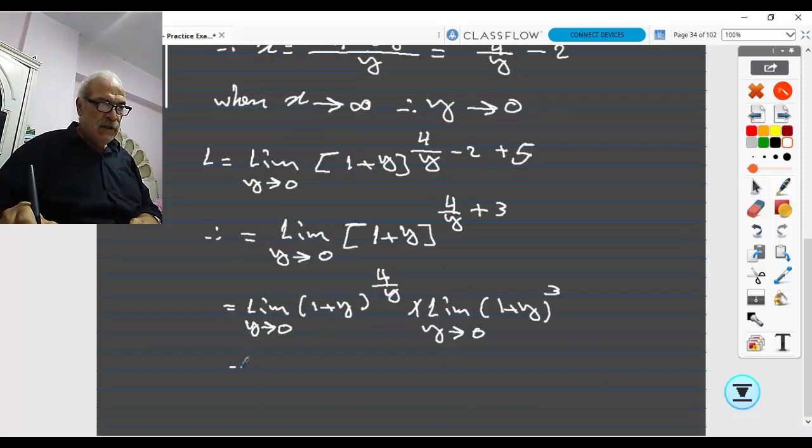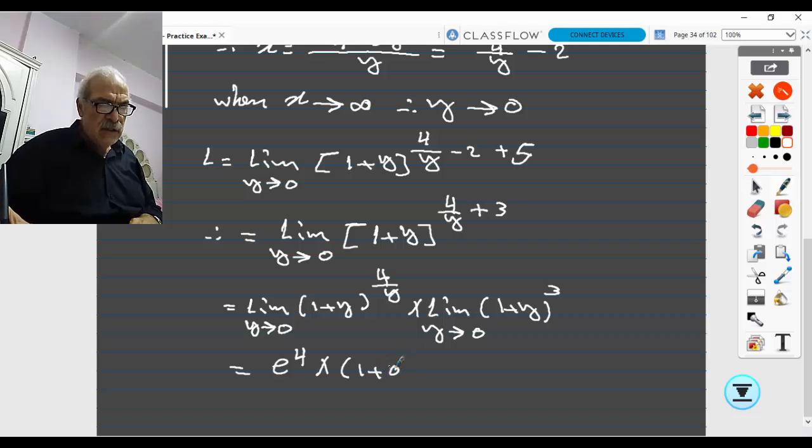This part, the limit of (1 plus y) all power 4 over y when y tends to 0, equals e power 4. Multiply, substituting y equals 0, what we get? (1 plus 0) all power 3, which equals 1. So 1 multiply e power 4 equals e power 4.